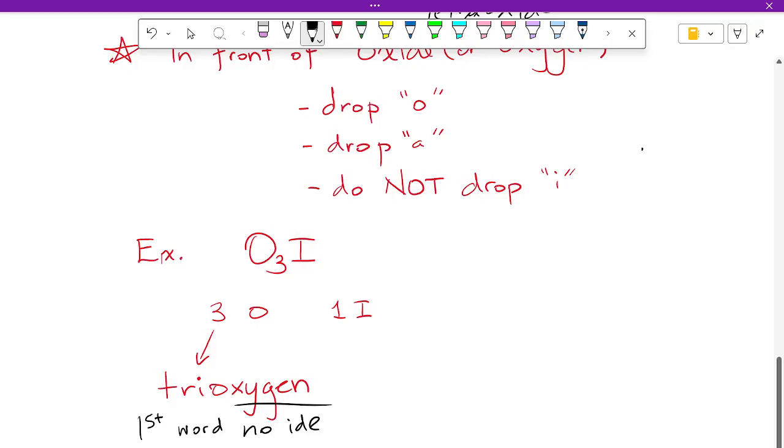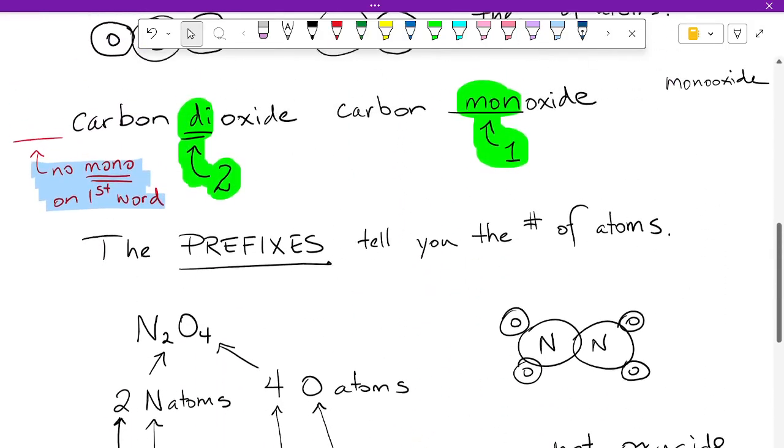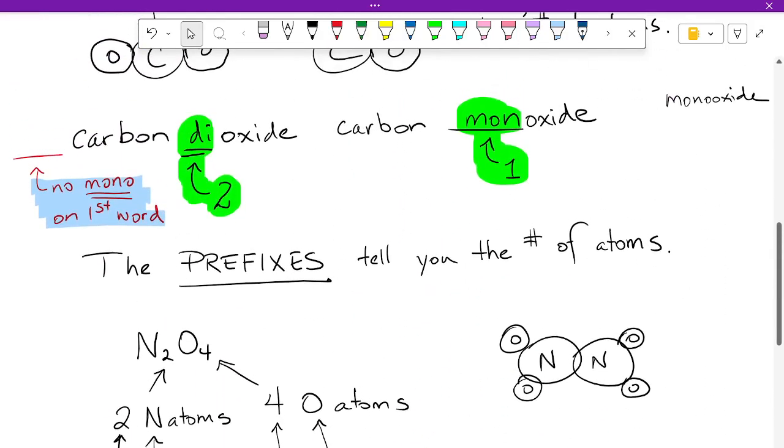We have 1 iodine. It should be iodide because the second word changes to "ide." Do we drop mono in front of iodide? Do we drop the mono on the second word? No mono on the first word? Yes. But we need mono on the second word.